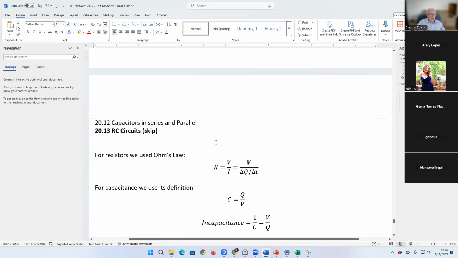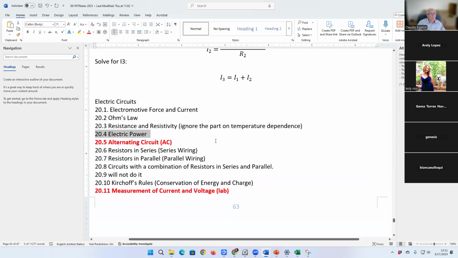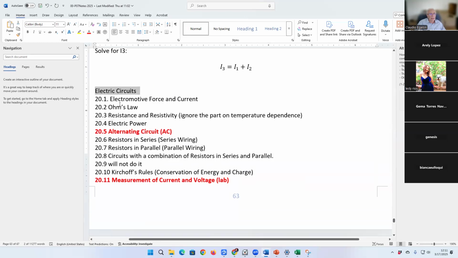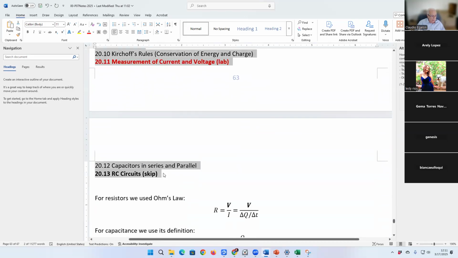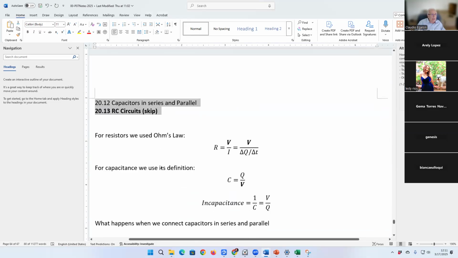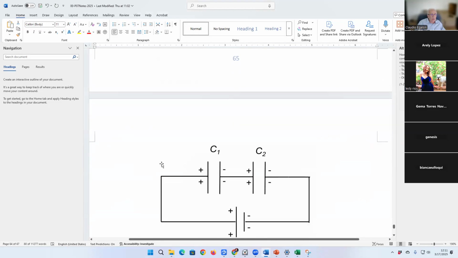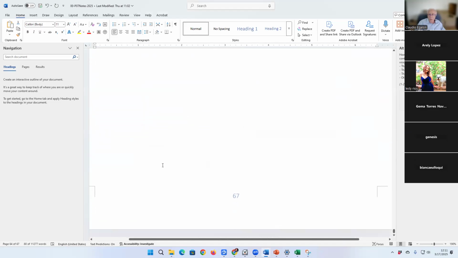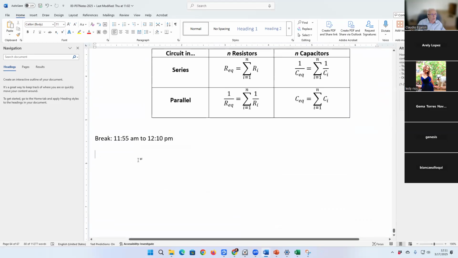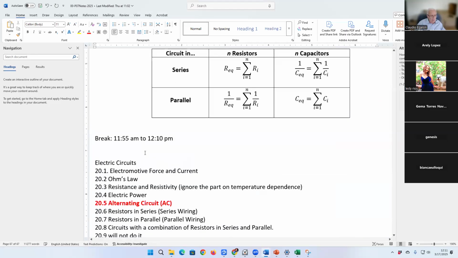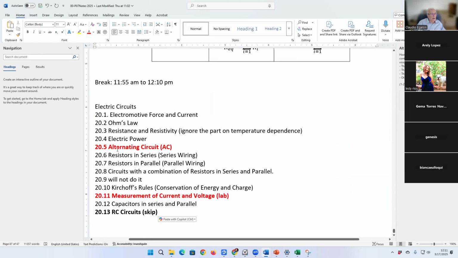For now, let's skip RC circuits. Let's look at the electric power.